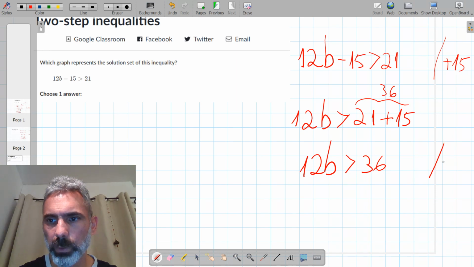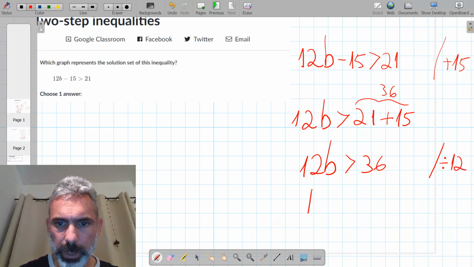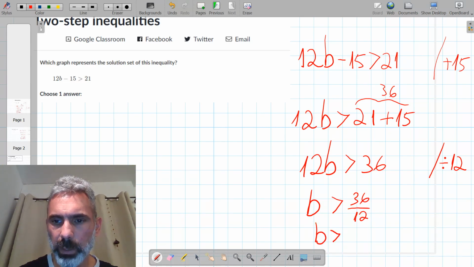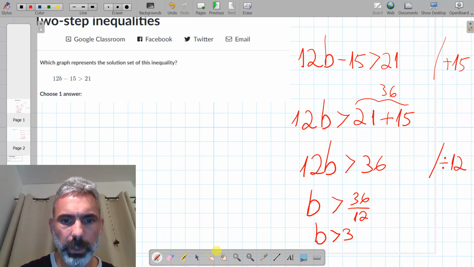Now I divide both sides of the inequality by 12, so I isolate the b on the left hand side of the inequality. So b is greater than 36 divided by 12. So b has to be greater than 3. Okay, 36 divided by 12 is 3.